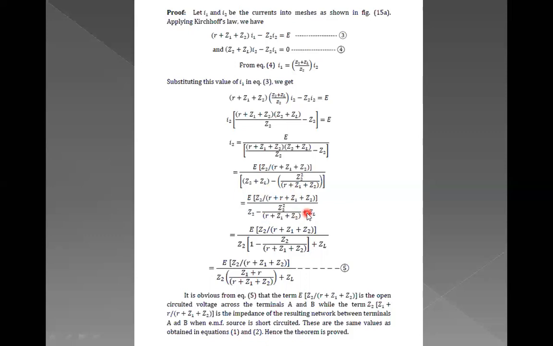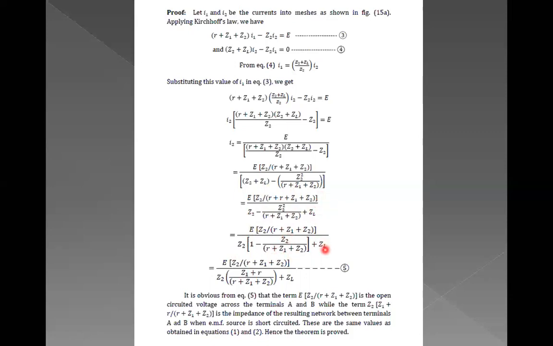We are rearranging every factor only so that the final expression comes in the form of the ETH and ZTH equations, which we already found in equations number 1 and 2. Again here we have taken Z2 in common, so this comes like 1 minus Z2 divided by R plus Z1 plus Z2.